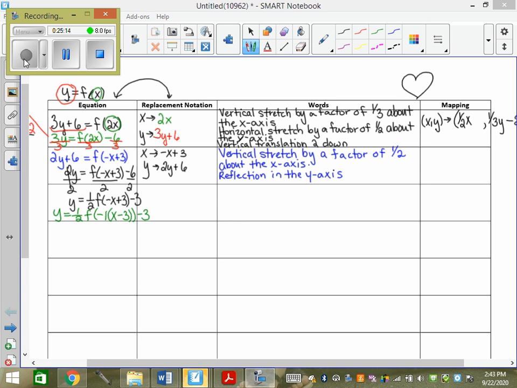I have a vertical translation, 3 down, and a horizontal translation, 3 right.